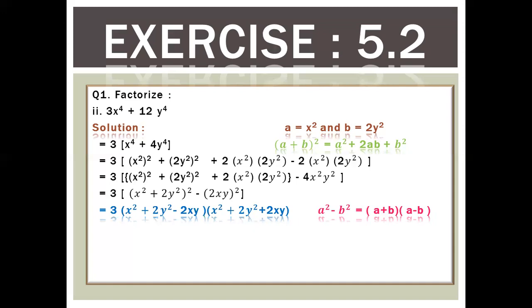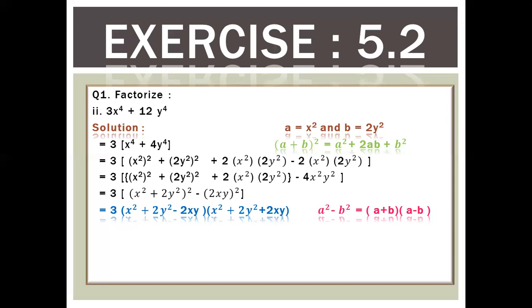We already have a square and we convert 4x square y square into the form of b square. See in the second last step again, x square plus 2y square whole square minus 2xy whole square. 2xy is the half of 4x square y square. Now we have a square minus b square. Put the values in the formula, a plus b and a minus b.